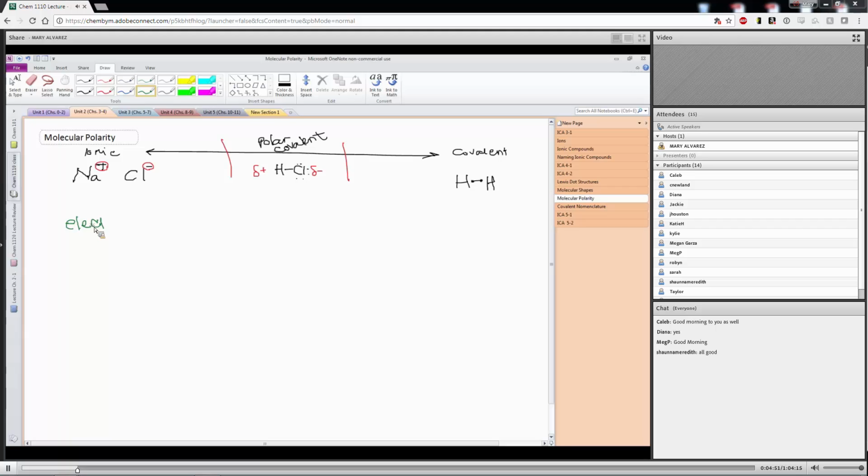So here's something you need to understand, electronegativity: this is a measure of how much an atom will attract electrons in a shared bond.